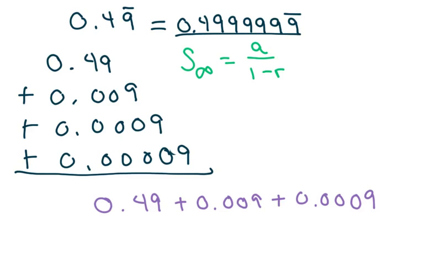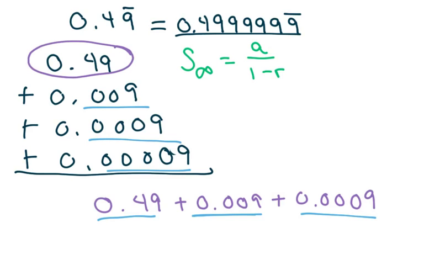There's not a common ratio between these two and these two. However, there is a common ratio between these three. So I'm not going to use this one, and just find the common ratio for these, and then add this part at the very end.